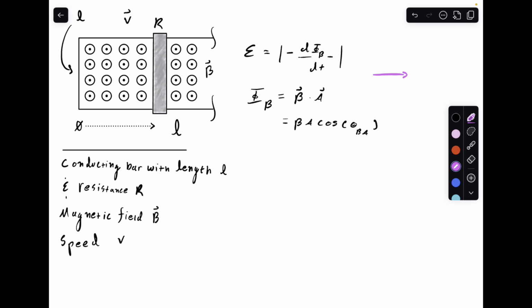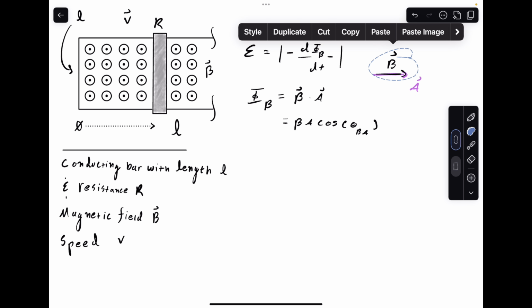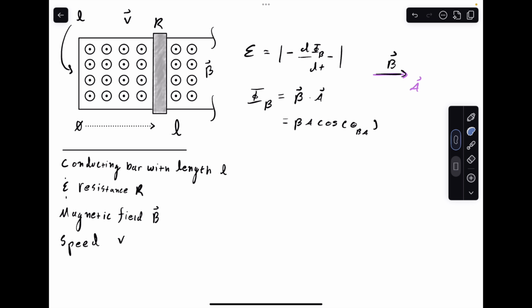From a side view, here's the area vector, and the magnetic field is in black. If I put them side by side, the theta between them is 0. There's no angle between them. So the cosine will be 1, and 1 times anything is itself, so we can just cut that out.